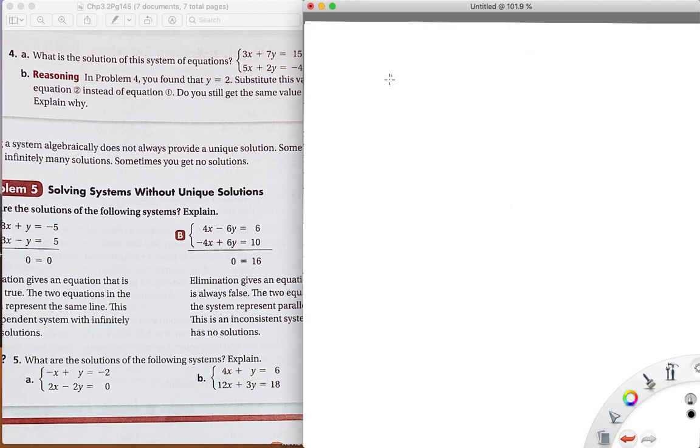In our last unique situation, here we have 4x plus y equals 6. Here we have 12x plus 3y equals 18.